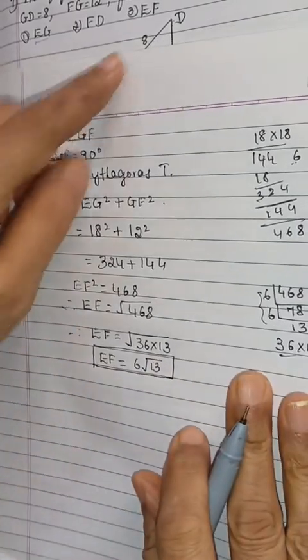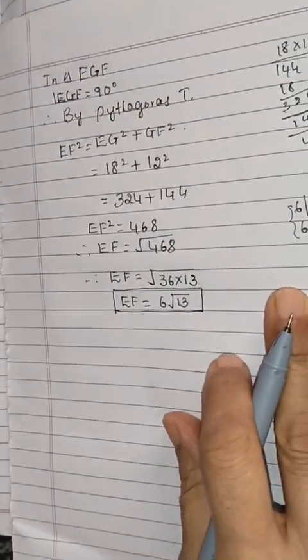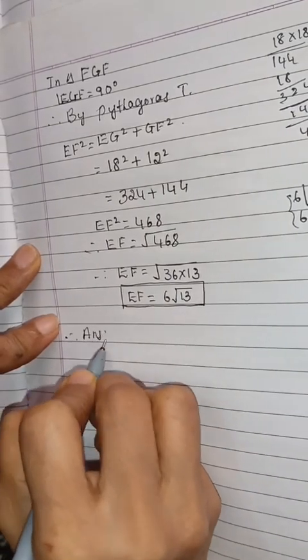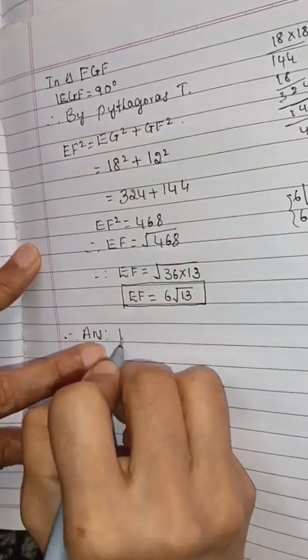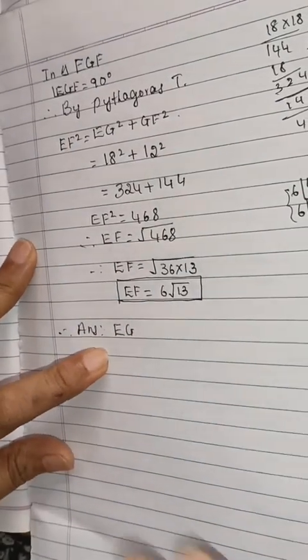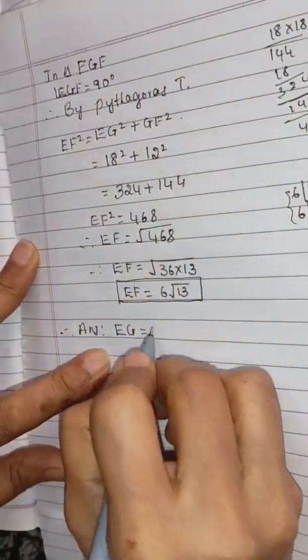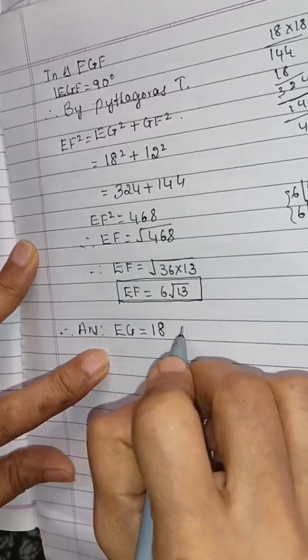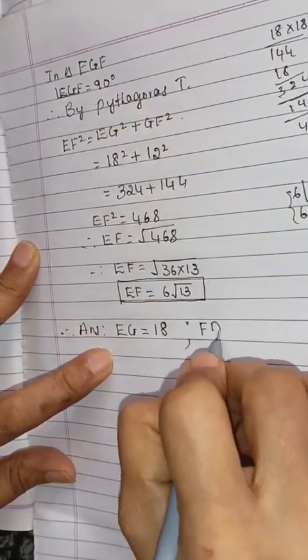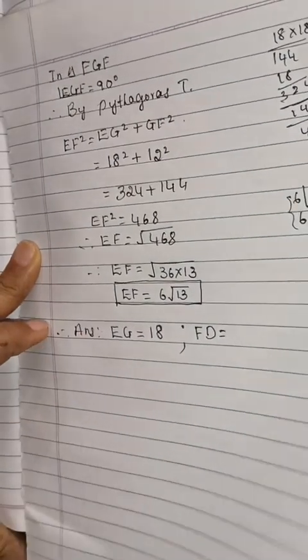This is the answer we know, EF. Therefore the answer is: EG is 18. Then FD is how much?